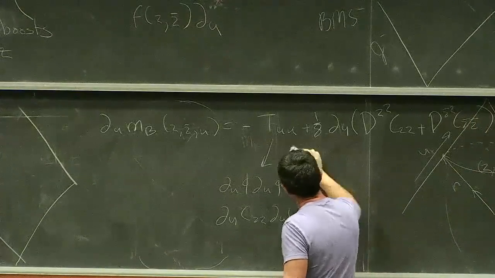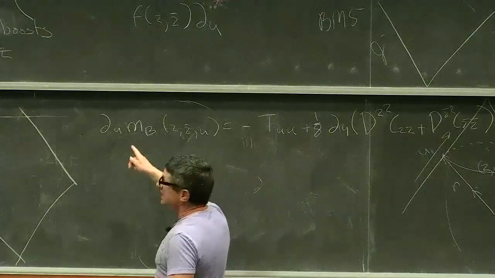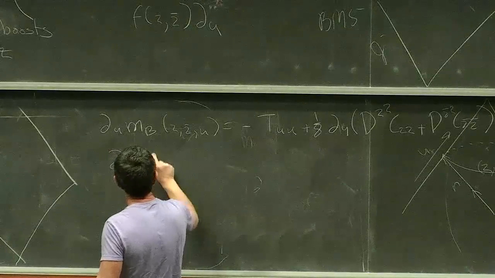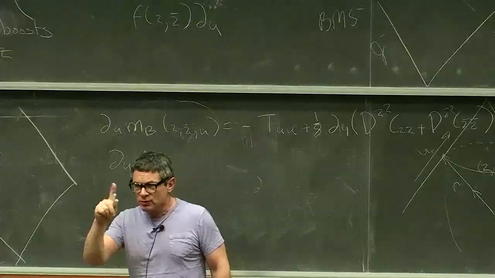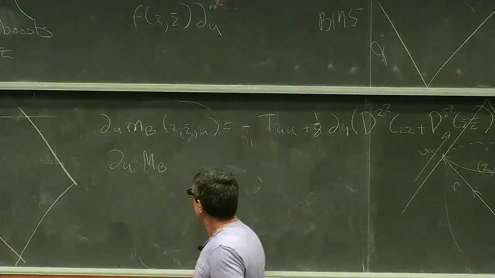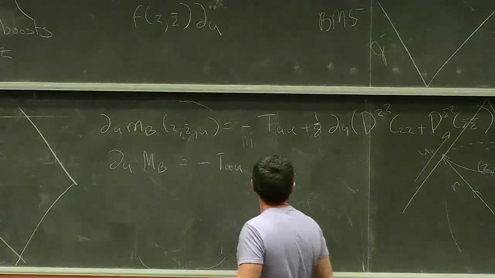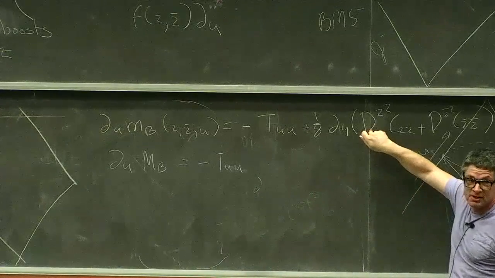If we take this equation and integrate it over the sphere, we get that the change of the total Bondi mass, not the local energy, but the total retarded energy as a function of u, is just equal to minus the integral of T_uu. Because this term is a total derivative and does not contribute to the total energy.